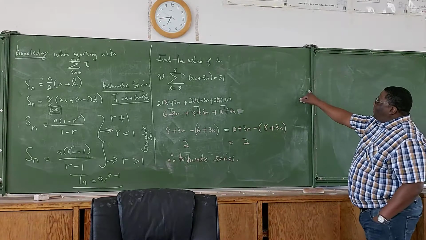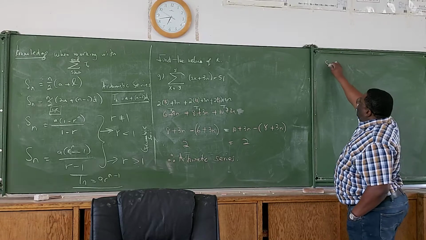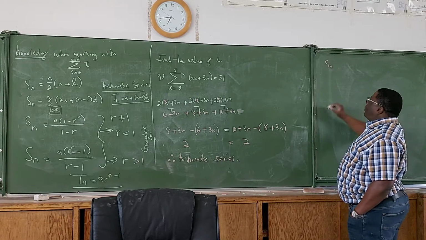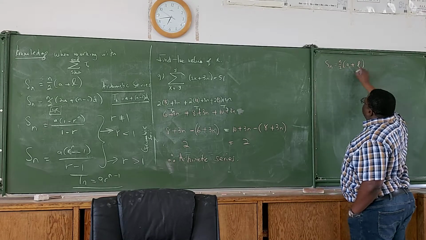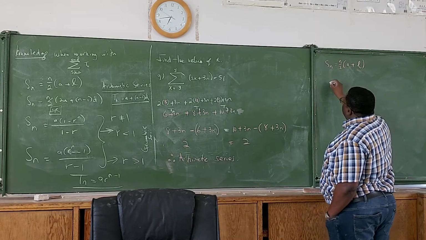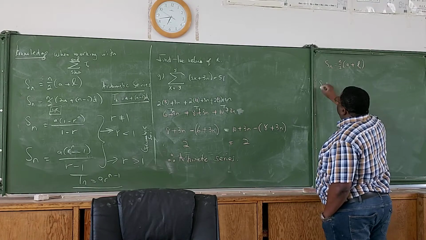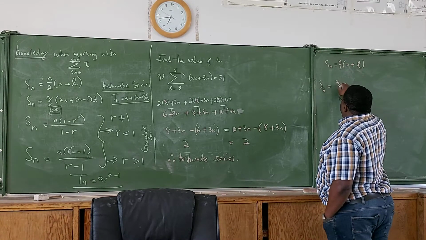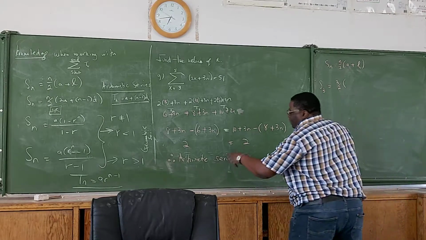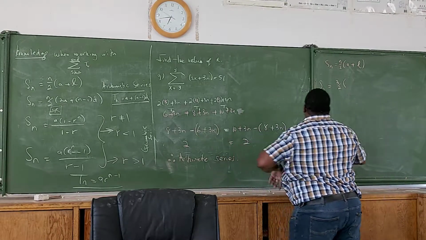People must stop sleeping. Alright? Let's use S of n. We know the first term and we know the last term. So we are looking for the sum of 3 terms. So it's a half of 3. What is the first term? 6.